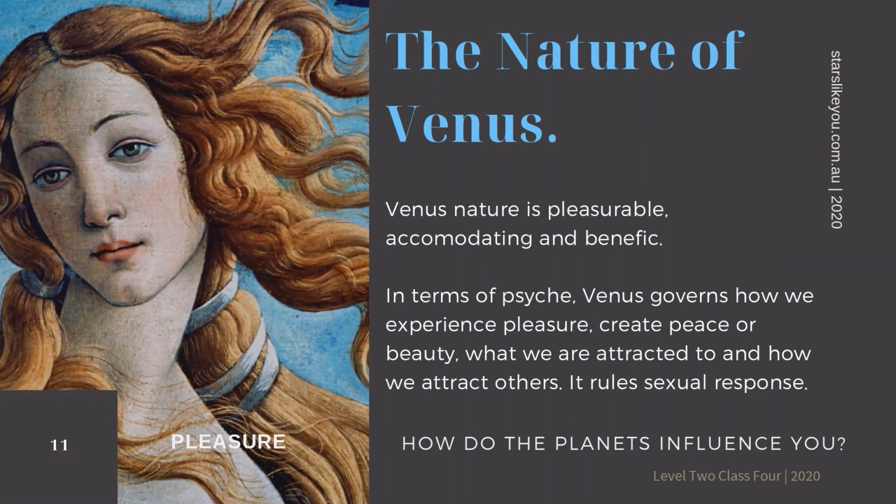And what I mean when I'm saying her nature, the essential quality of Venus in terms of a symbol, represents the aspects of psyche that govern how we experience pleasure, create peace or beauty in our lives, as well as what we're attracted to and how we attract others. So on this level, Venus represents our sexual response in terms of the things we're attracted to and the way that we relate to other people on a sexual level. So it's a really important principle to understand.